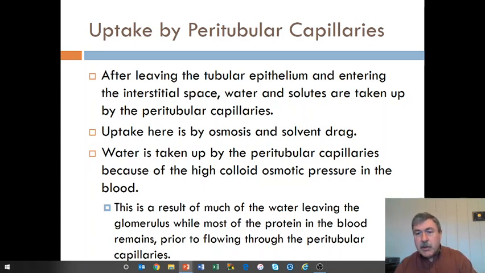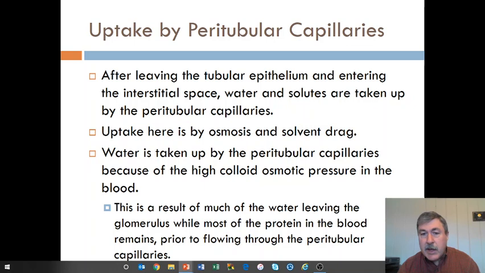Because the peritubular capillaries are a continuation of the efferent arteriole, which is collecting blood that has already been filtered in the glomerulus. And so much of the water of that blood that comes out of the glomerulus has gone into the tubules of the nephron.